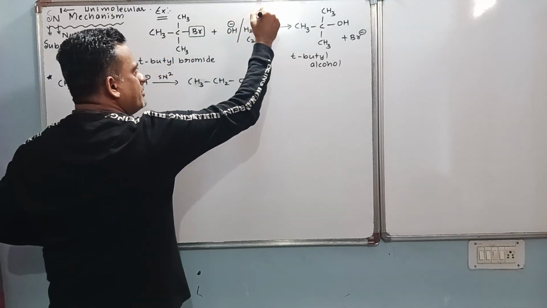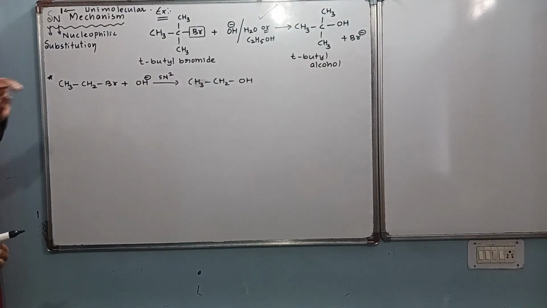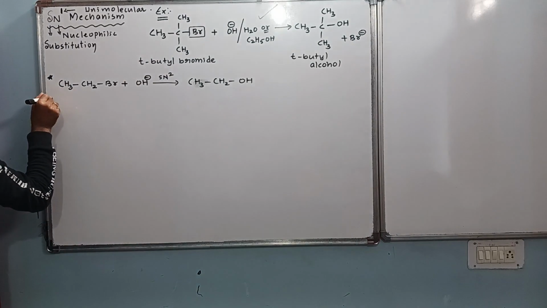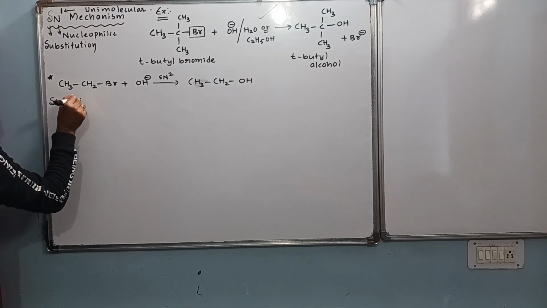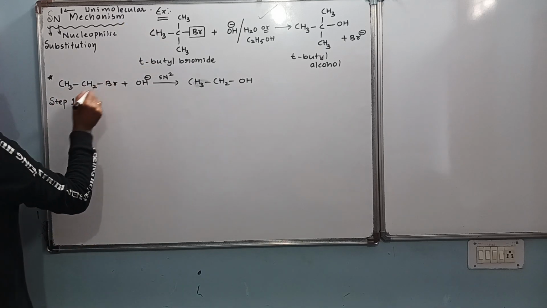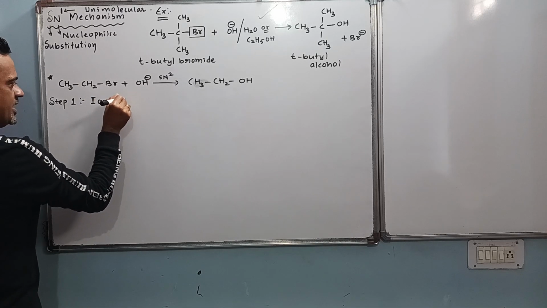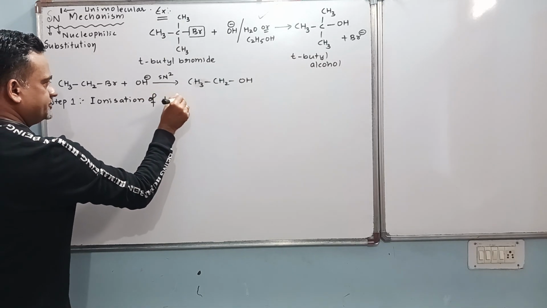Okay. So now we are going to study the mechanism of this particular reaction, right? This Sn1 mechanism is going to take place in two steps. Okay. So step number one is that we'll start with tertiary butyl bromide.